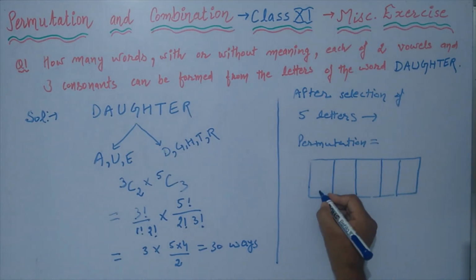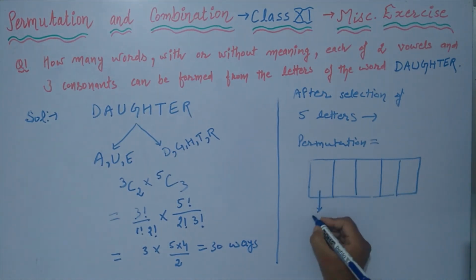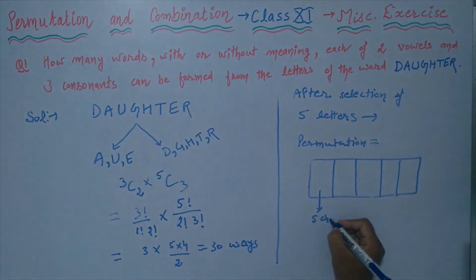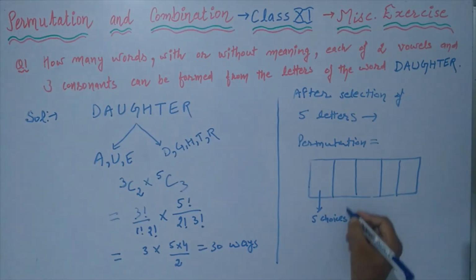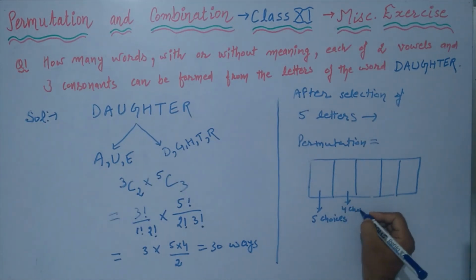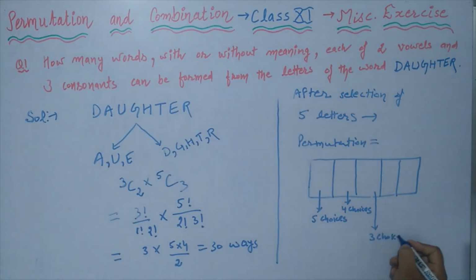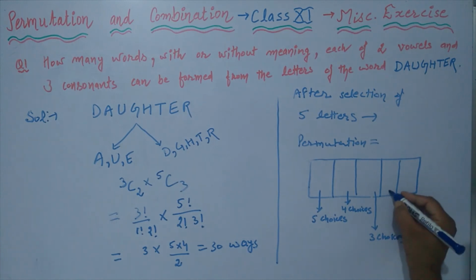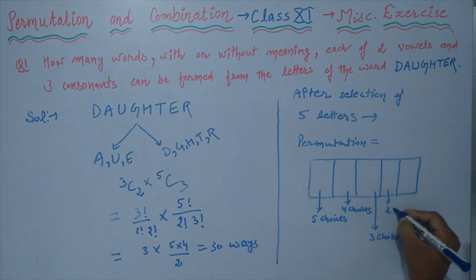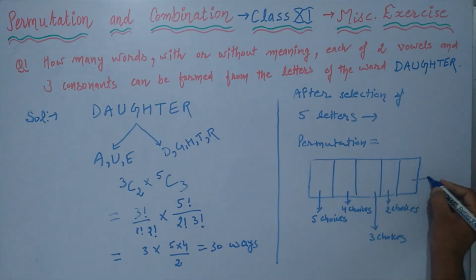So first 5 choices, second 4 choices, third 3 choices, next 2 choices, and last 1 choice.